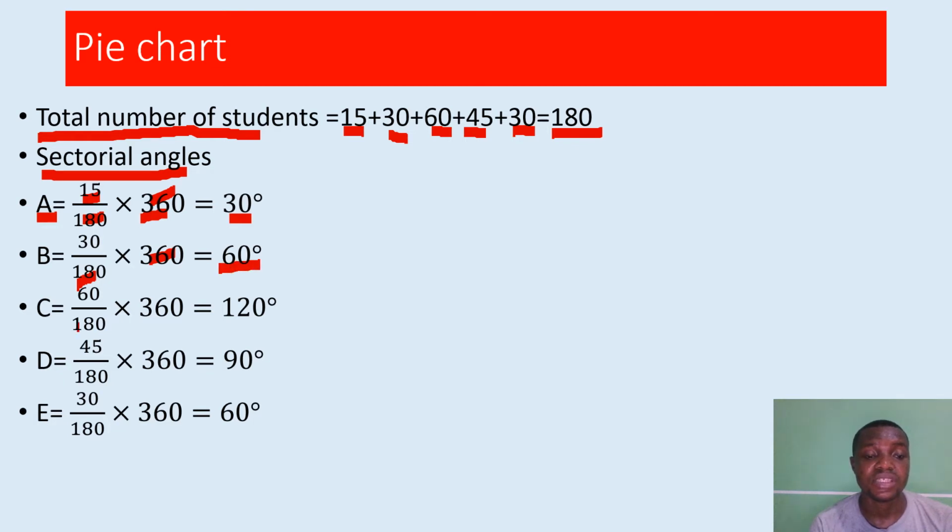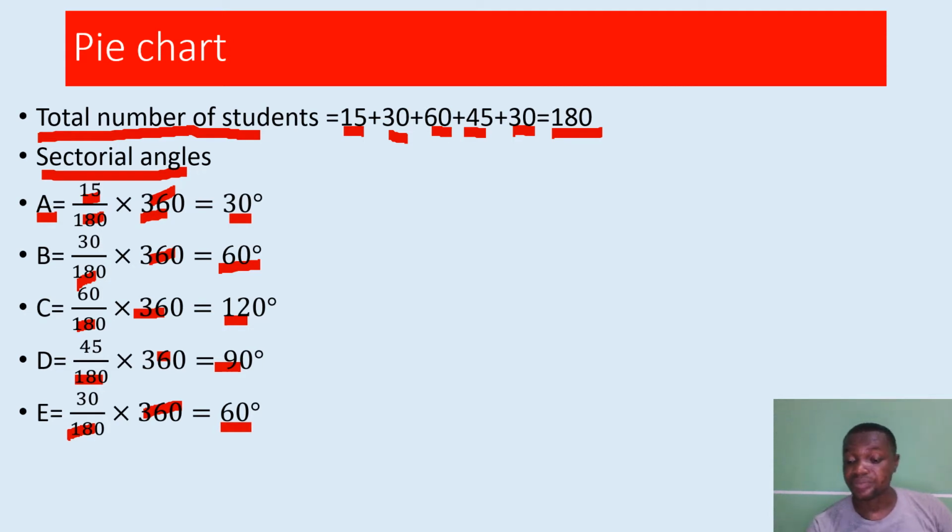Here to C, 180 will cancel 360 to be 2. 60 times 2 is 120. Here 180 will cancel 360 to be 2. 45 times 2 is 90 degrees. And here to E, 180 will cancel 360 to be 2. 30 times 2 is 60 degrees.